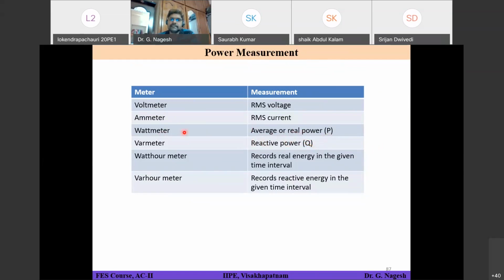There is one more meter called a VAR meter, which will measure your reactive power, that is, your Q. And one more meter called a watt hour meter. What is this one? What will it measure?